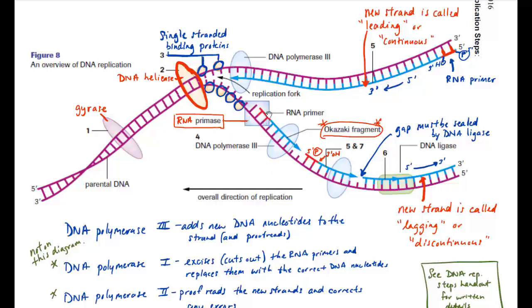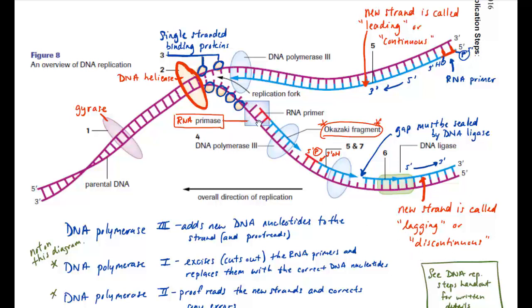The RNA primase will add RNA primers, which are starting points for the DNA nucleotides to be added. So we're going to have them always added to the 3' end. The DNA polymerase number 3 will add in DNA nucleotides starting out there and go continuously towards the replication fork on the leading strand and discontinuously towards the replication fork on the lagging or the discontinuous strand.